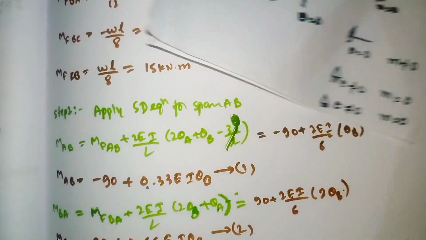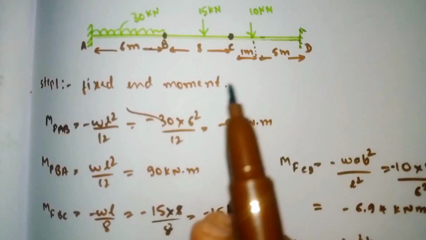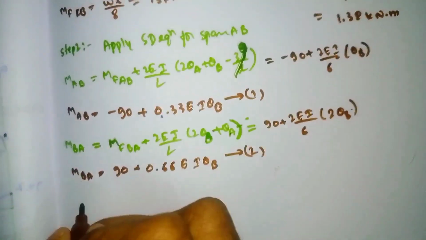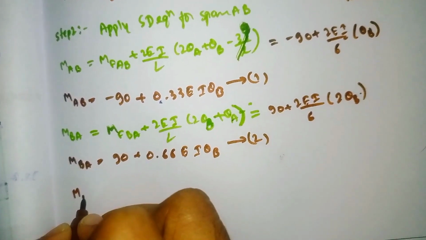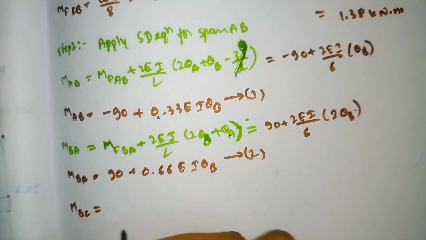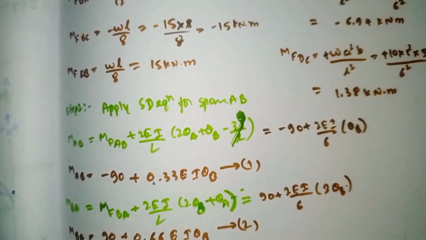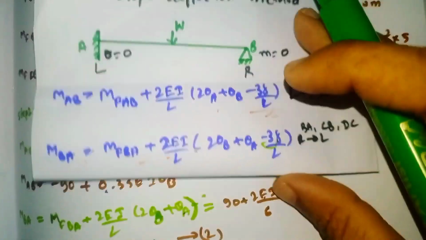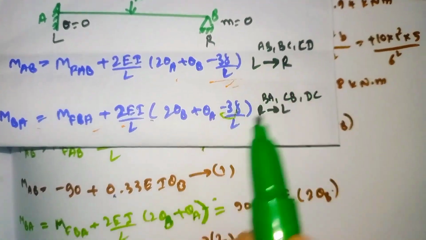Similarly, apply the slope deflection equation for span BC. So for span BC, MBC is equal to, I will directly write, again we need to use this formula. In case of AB we need to put BC.